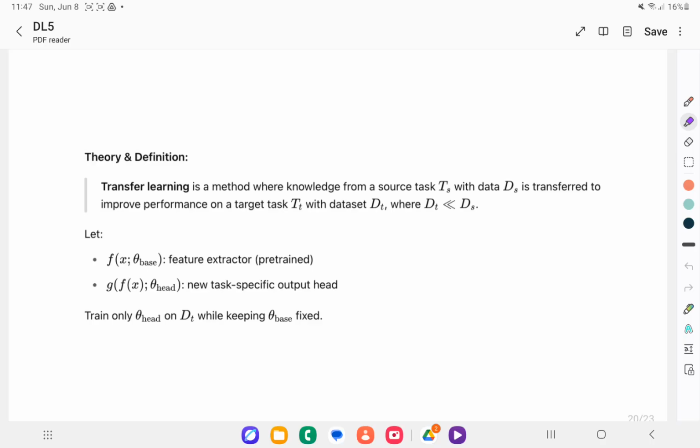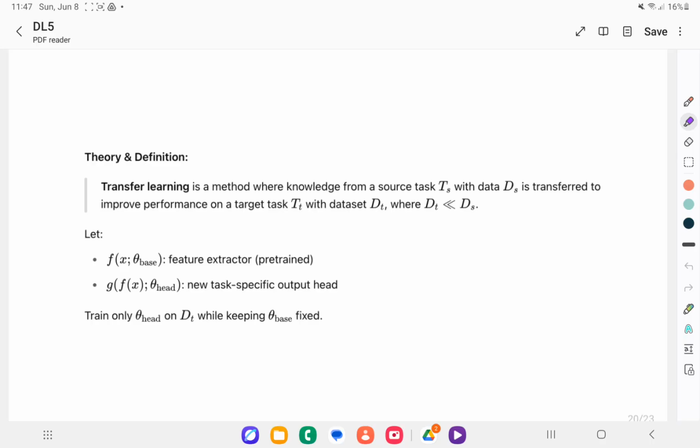It is based on the insight that early layers of deep networks, especially in vision or in NLP, tend to learn general purpose features, things like edges, shapes. And these are often useful across tasks.